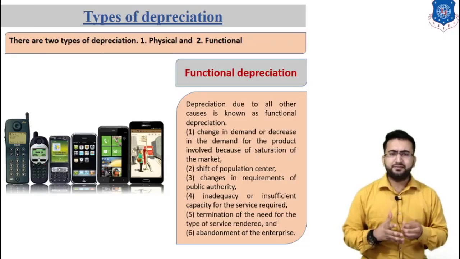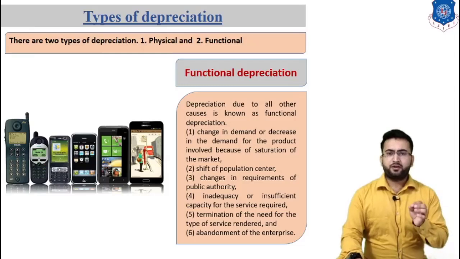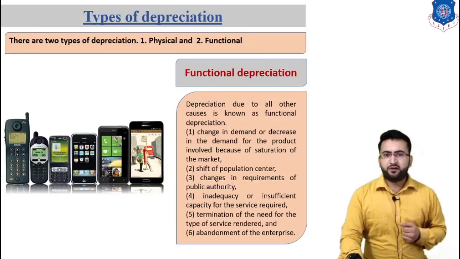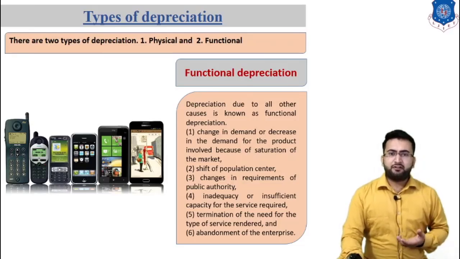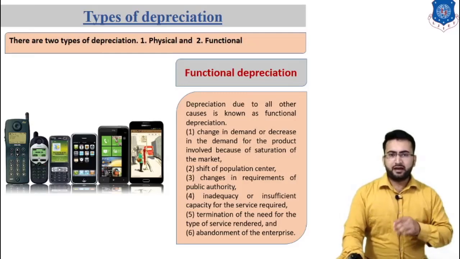To understand this, let's take one example. Twenty years ago, landline telephones were used for calling, but nowadays smartphones are used for calling. Due to this advancement of technology, the price of landline telephones has reduced.